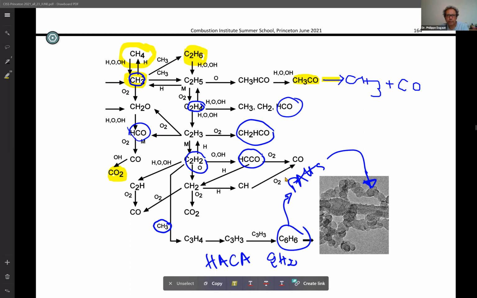These polymers, if you heat them further, they can get pyrolyzed and then form deposits. Does it answer your question? Yes, Professor. Thank you.